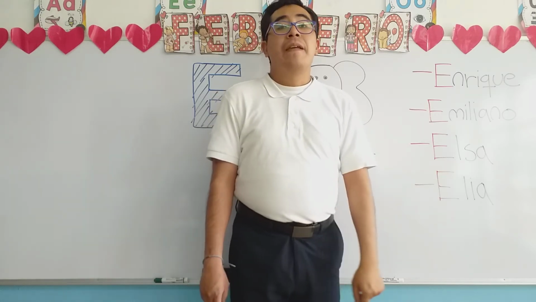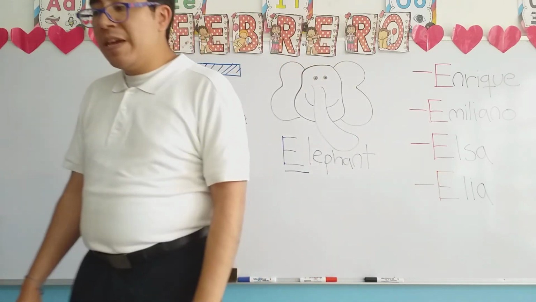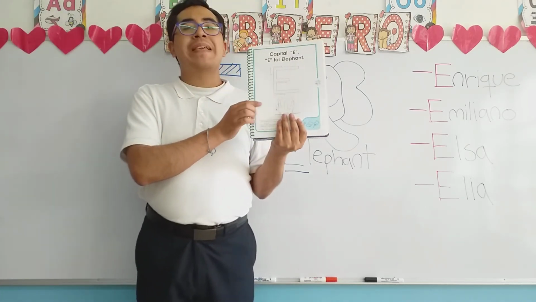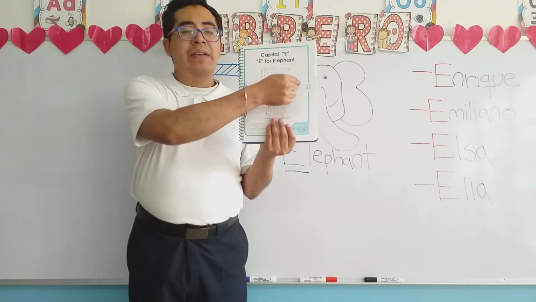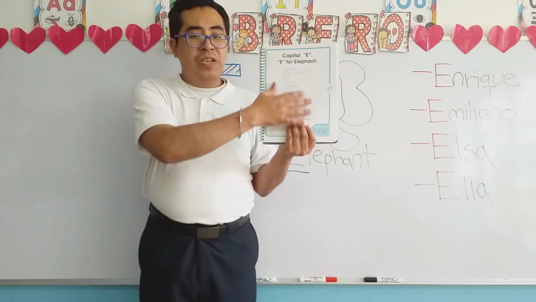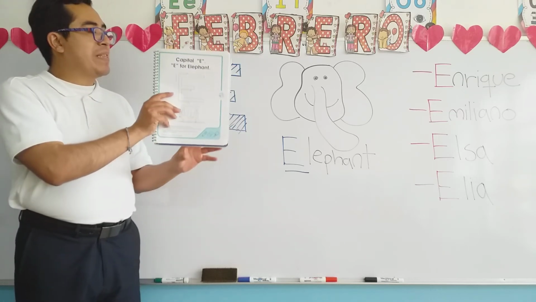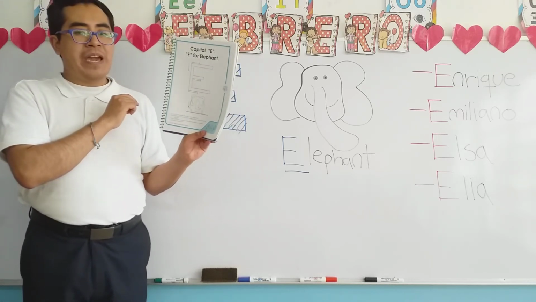Very good. Now, the activity of today is located right here, page 161. And as you can see here, we have the letter of today, capital E. Okay?